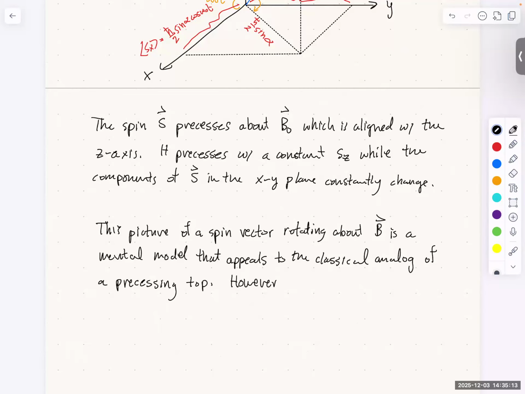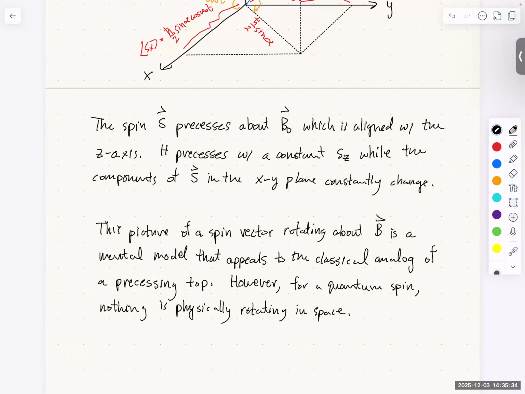However, for a quantum spin, nothing is physically rotating in space. Right?